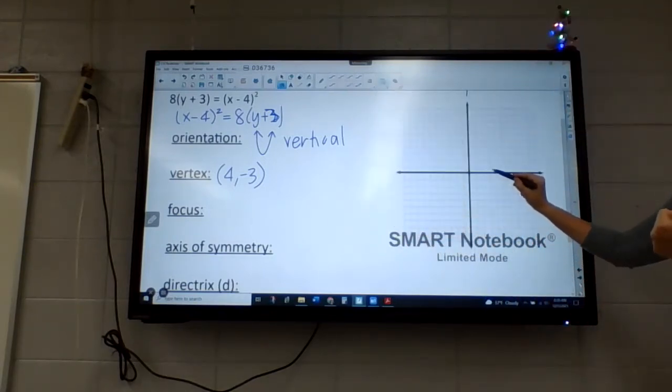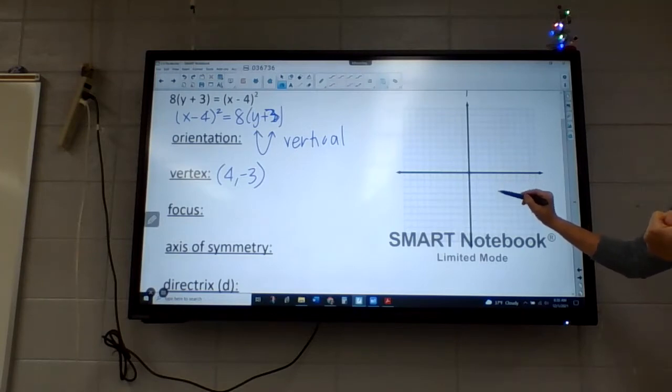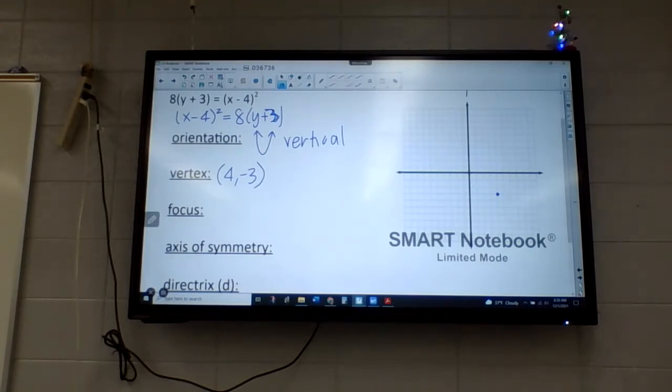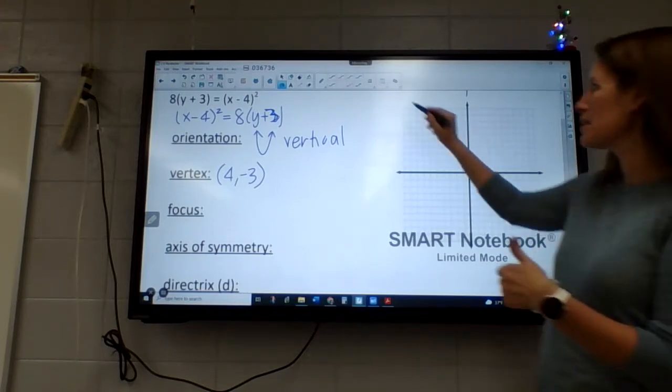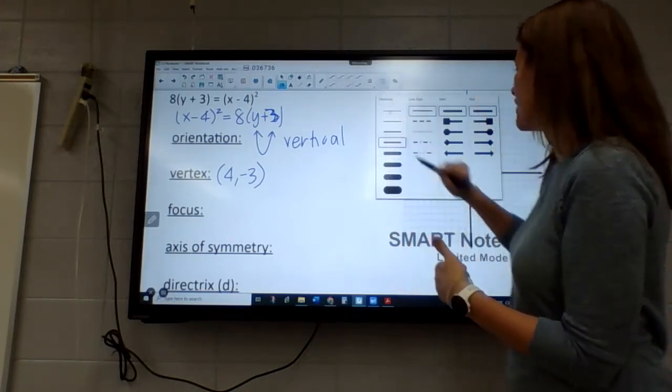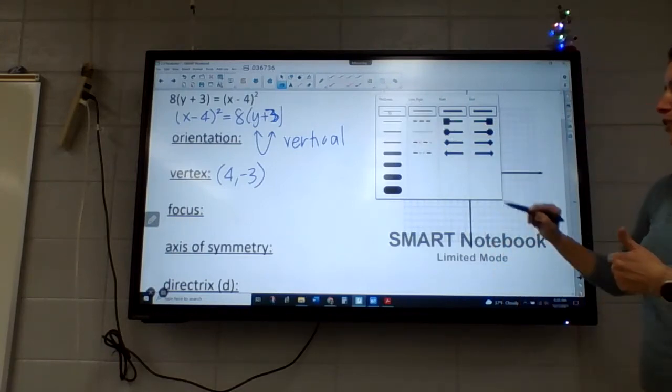So (4, -3). I'm anticipating the focus is up from there because I'm expecting it to point up. And since the p-value is 2, I'm expecting it to be 2 up from there, if that makes sense.